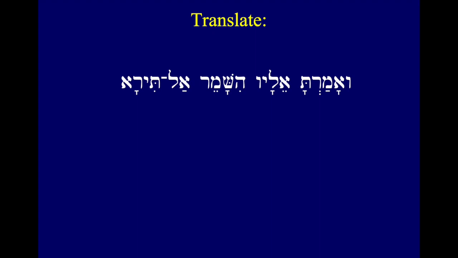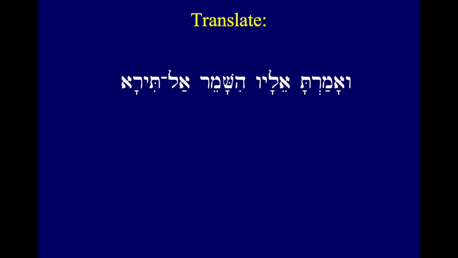Shamar is like to guard, right? And then the hey here, we don't know what that is yet, but the hey with a hirek underneath, and then with a dagesh in our next letter, which is our first letter of our root shamar that we know. And then we have a long A-class vowel underneath that first letter of the root. There's our Niphal triangle. We got a hey stuck onto our Niphal triangle.